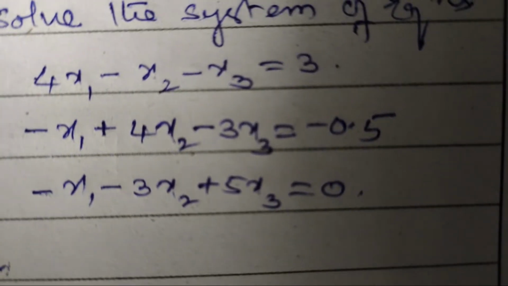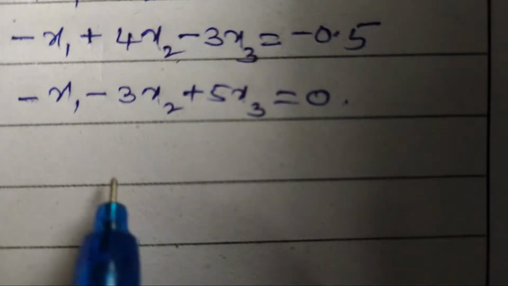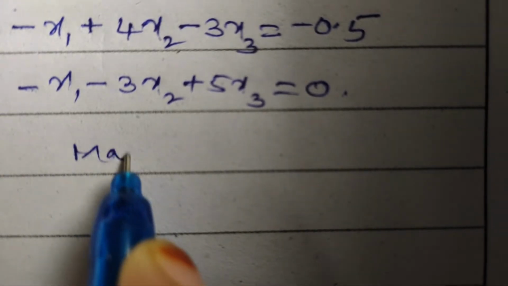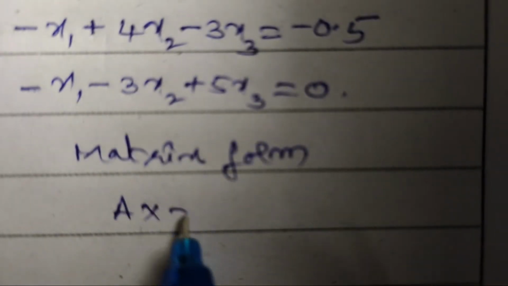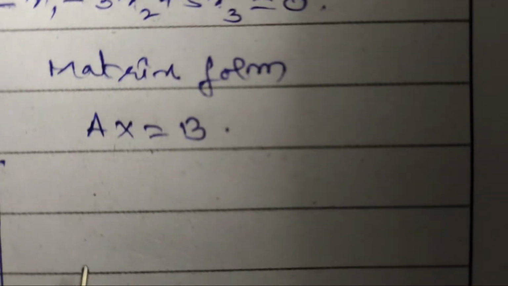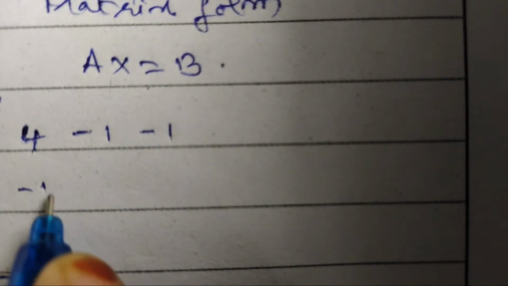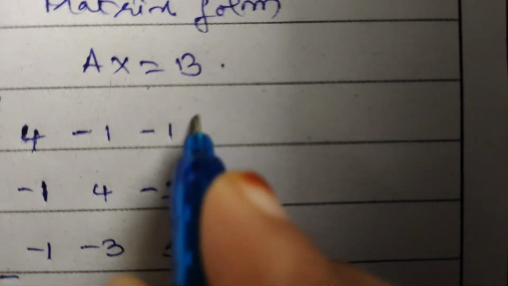So first we will represent this given system of linear equations in matrix form, that is AX equals B, where A is the matrix of coefficients: 4, minus 1, minus 1; minus 1, 4, minus 3; minus 1, minus 3, 5.